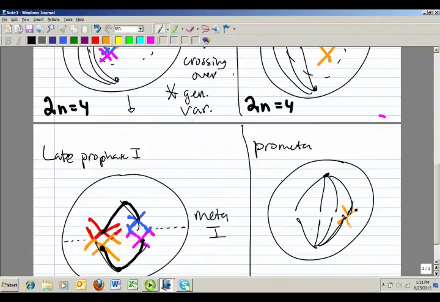So we're attaching the spindles versus, in meiosis I, the homologs are attached to opposite spindle poles. Now it's going to be the sister chromatids that are attached to the opposite spindle poles.